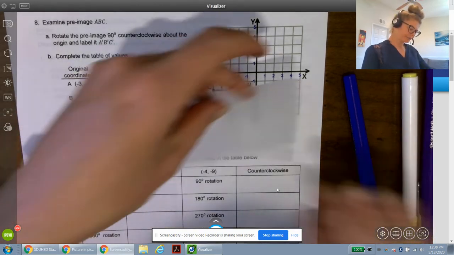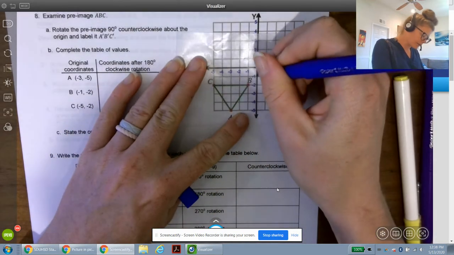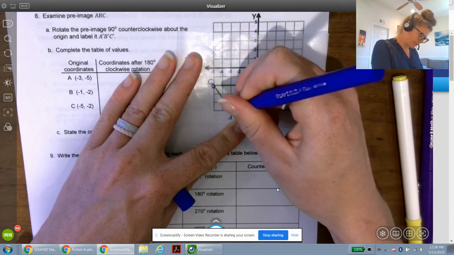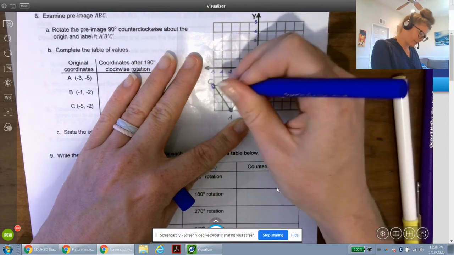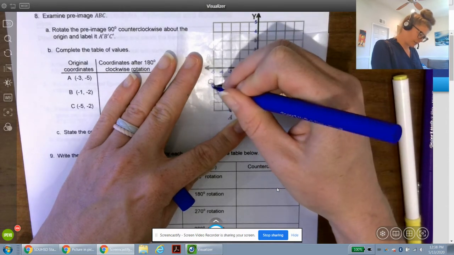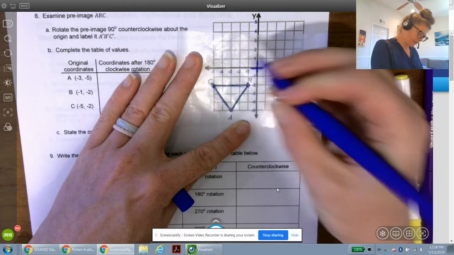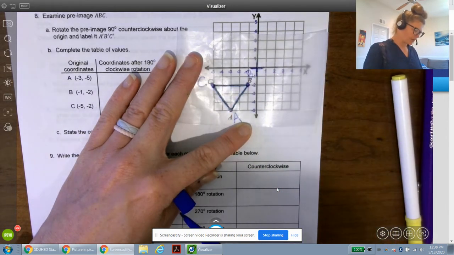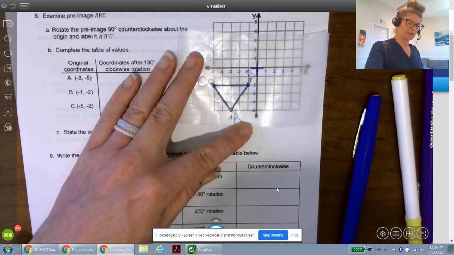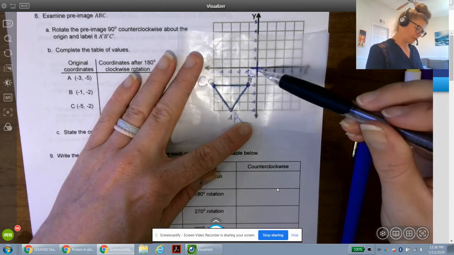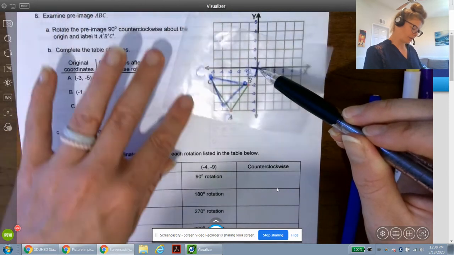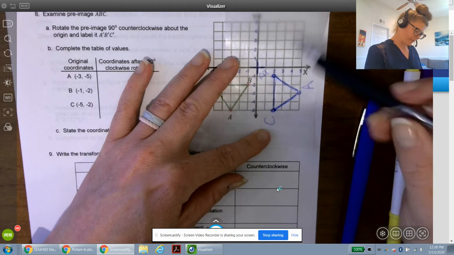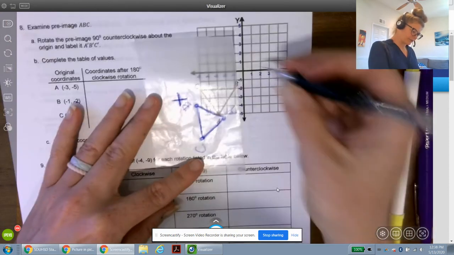Okay, let's see how we did. So taking a look, we always want to trace our origin because that's our center of rotation here. That's what they told us. And we're going to trace our vertices for ABC. And we are going to go 90 degrees counterclockwise. So remember, clockwise would be this way, so we want to go counterclockwise. Line them up real nice. B prime is going to be at 2, -1.